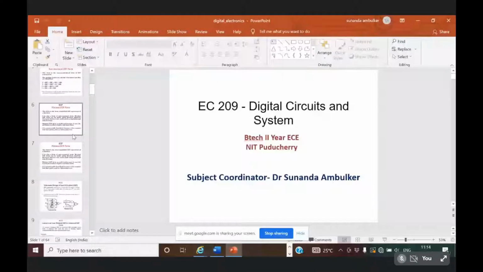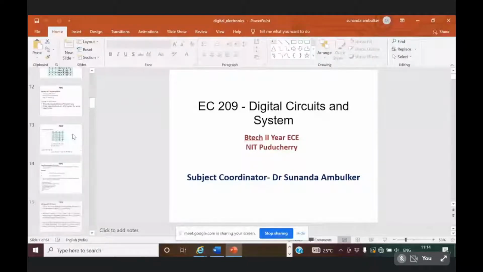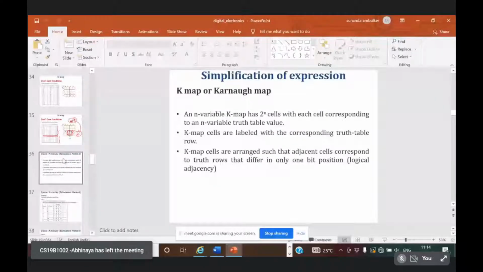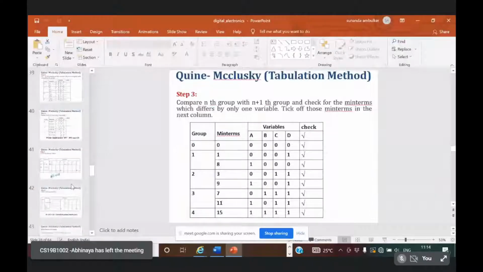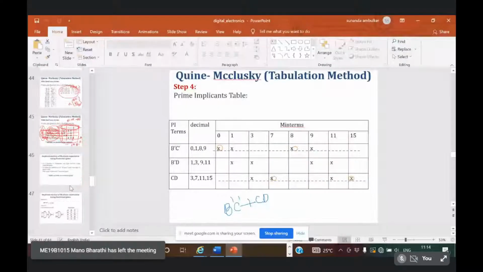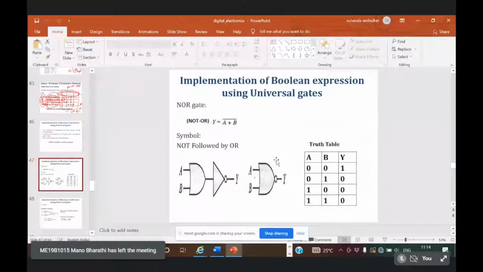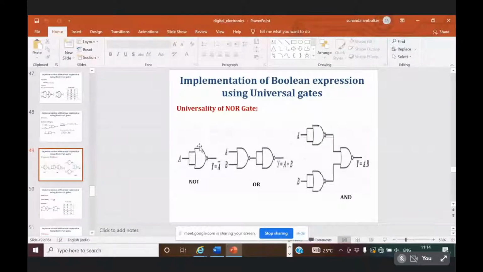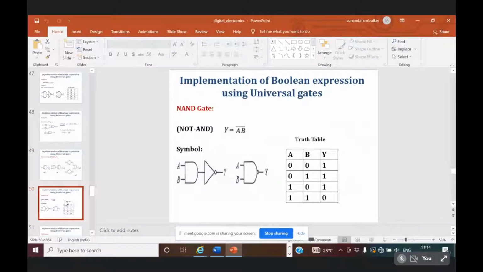So here, you know how to utilize the NOR gate for the implementation of the basic gates. We started with that, and we have seen how to design the NOT, OR and AND gates.